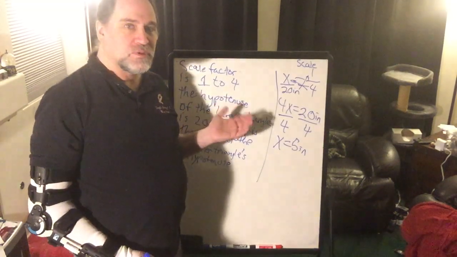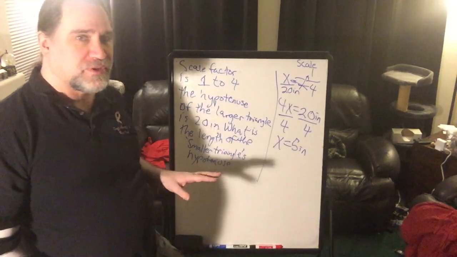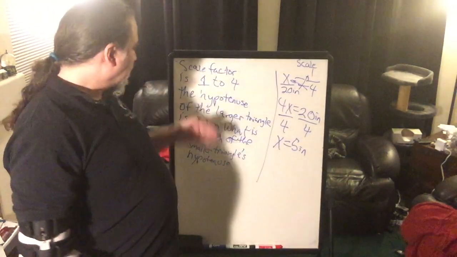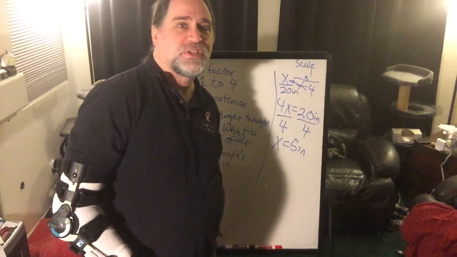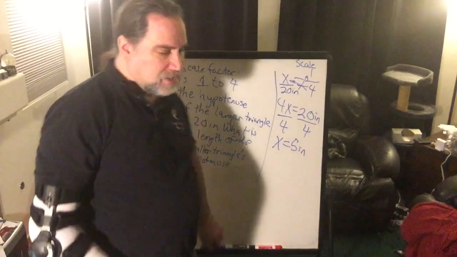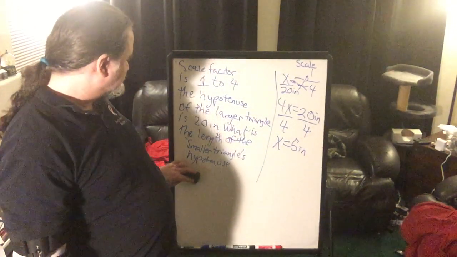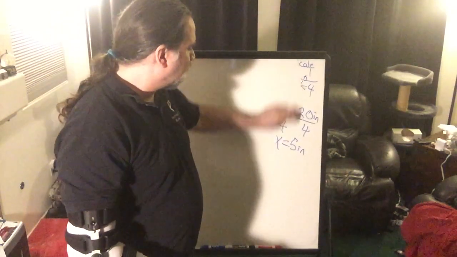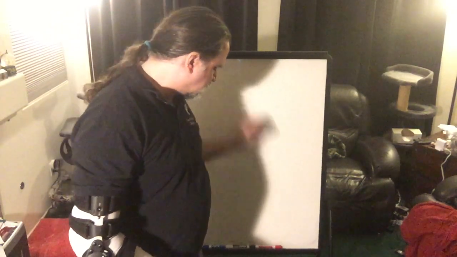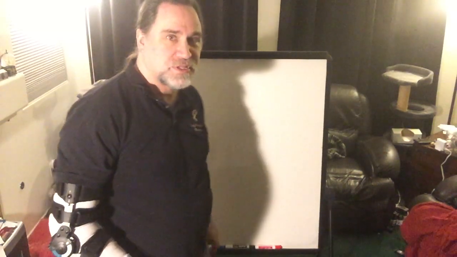So there are two possibilities, really, of the kinds of questions you're going to encounter. Here, we told you what the scale factor was, gave you one of the measurements, and asked you for the other. The other way they'll do it is to give you the two measurements of the two shapes and then just ask you, what's the scale factor? And honestly, all that turns into is reducing a fraction.